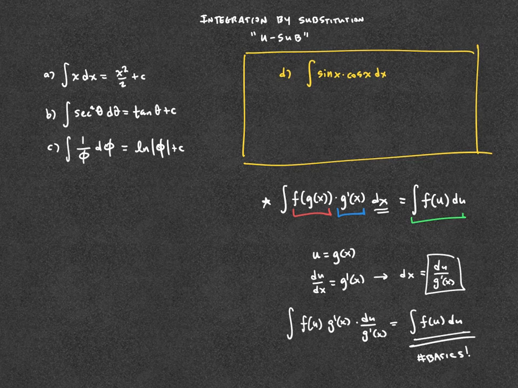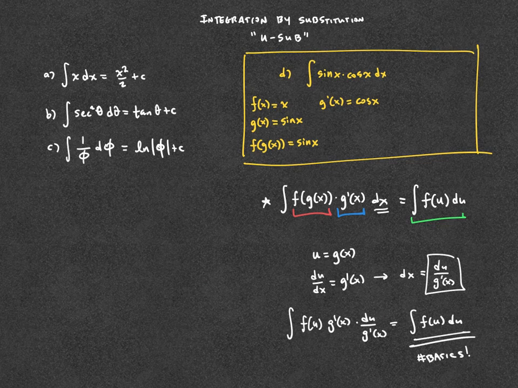I could think of f of x as x and g of x as sine x. So f of g of x would just be sine x. Now I'm going to think of g prime of x as cosine x, because the derivative of sine is cosine.